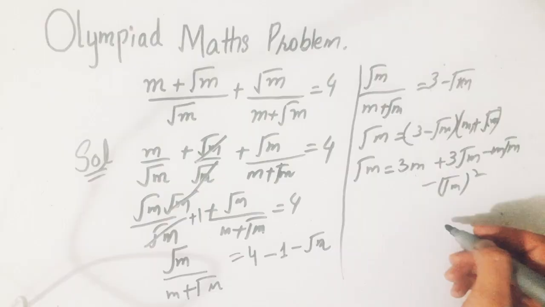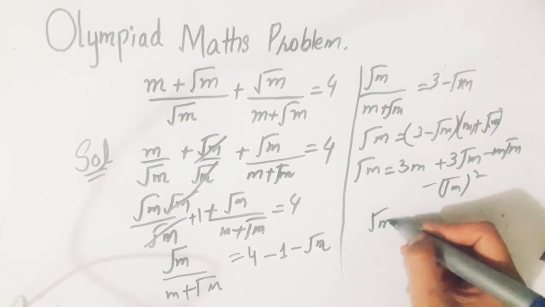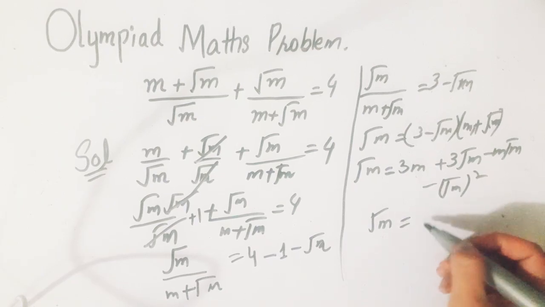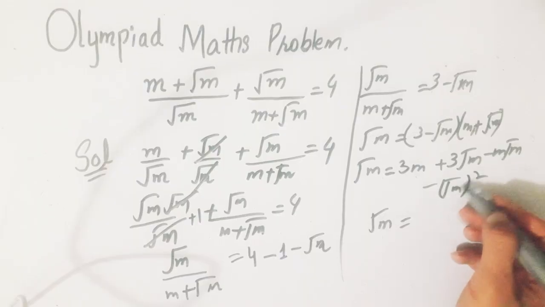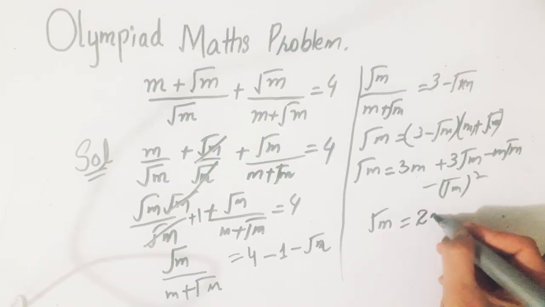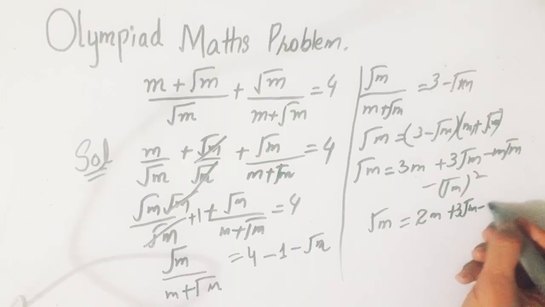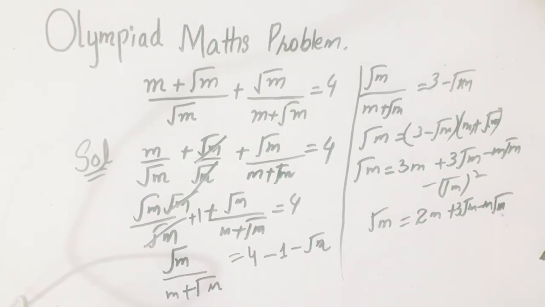So we get root m will equal 3m minus m will be 2m and plus 3 root m and minus m root m. So this is the value.